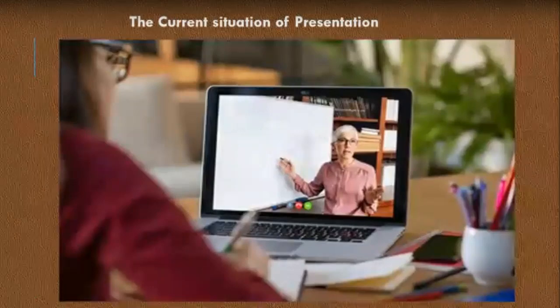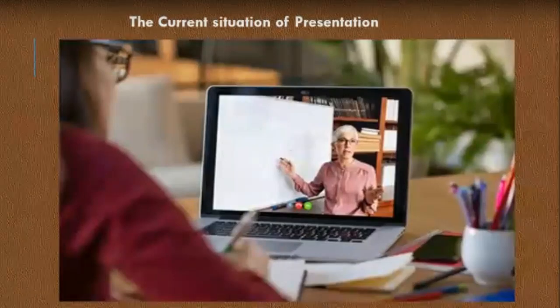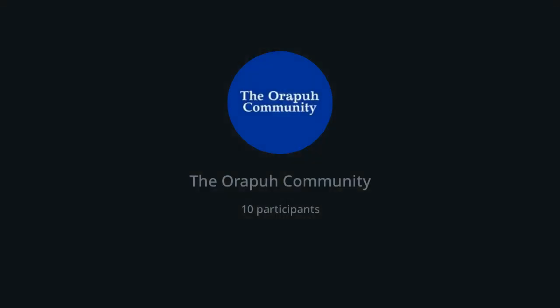So I want to go into presentation software. This is what will help you and I to be able to bring in other elements that will aid in the understanding of our students. So presentation software are computer application programs that have been designed to allow the lecturer to present information in an engaging way, using text, pictures, sounds, videos, and so on and so forth.